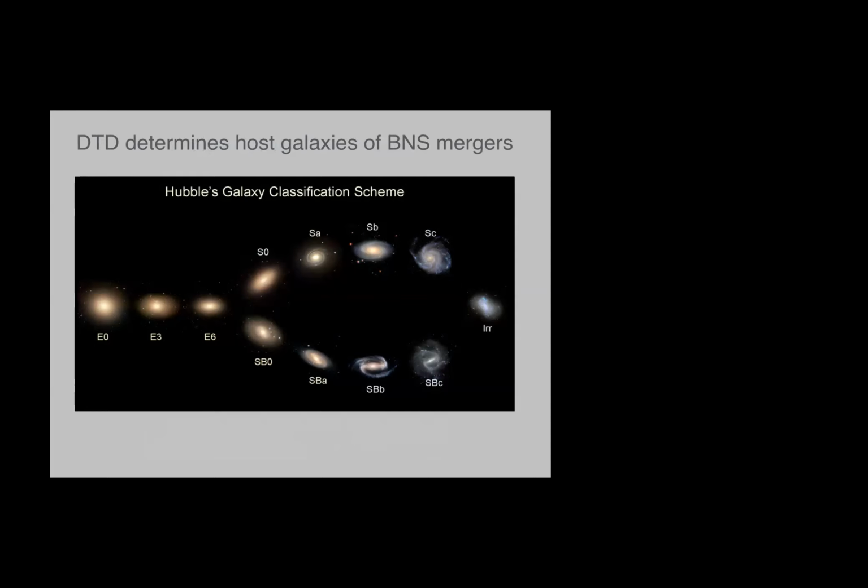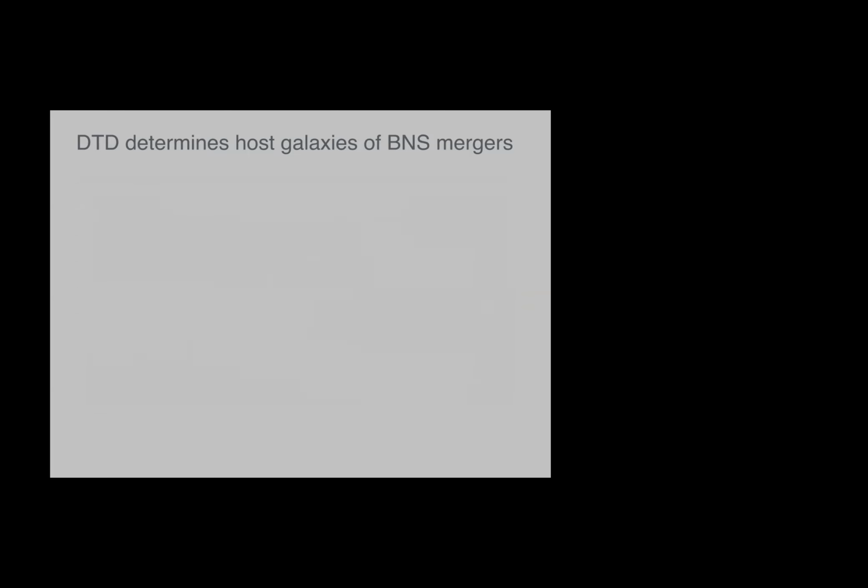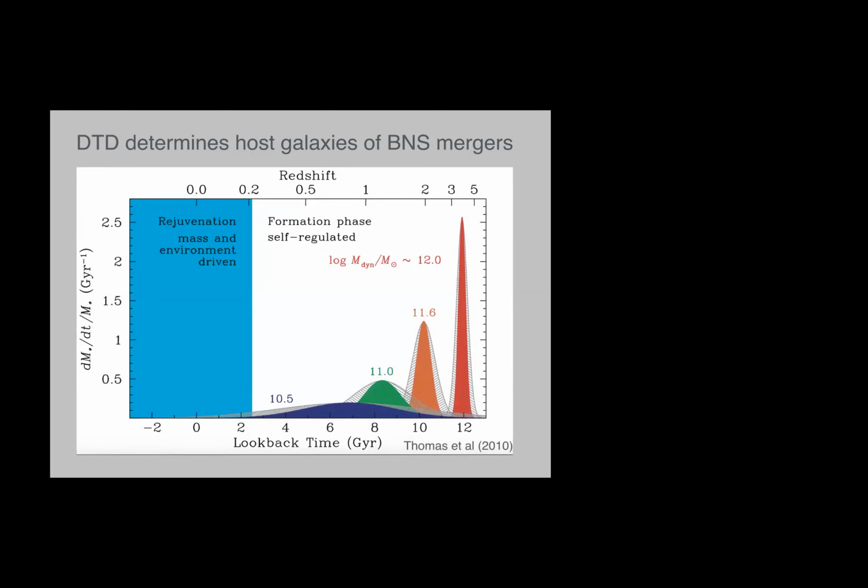If you look at the Hubble classification, there are dead galaxies and early type galaxies and late type galaxies. There are blue galaxies on the right and red galaxies on the left. These two types of galaxies generically have different star formation histories.